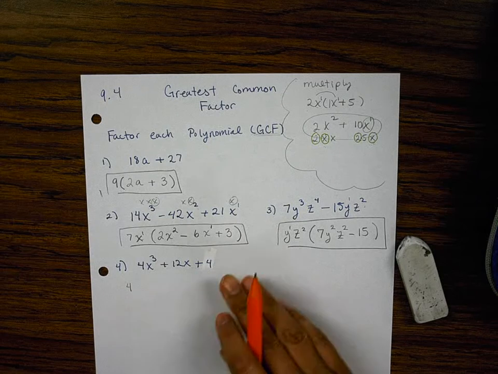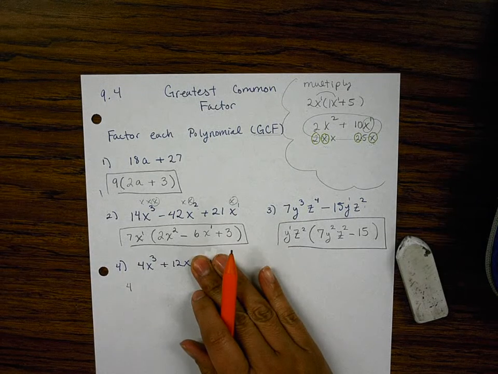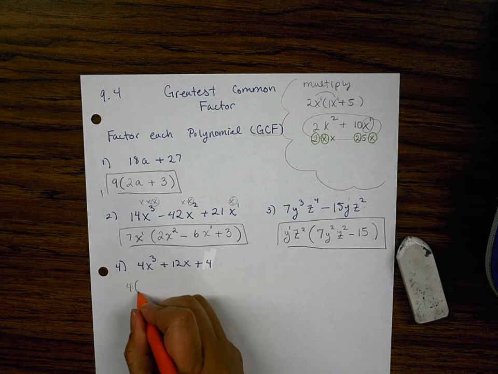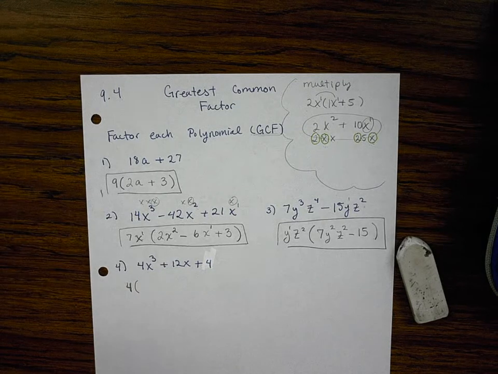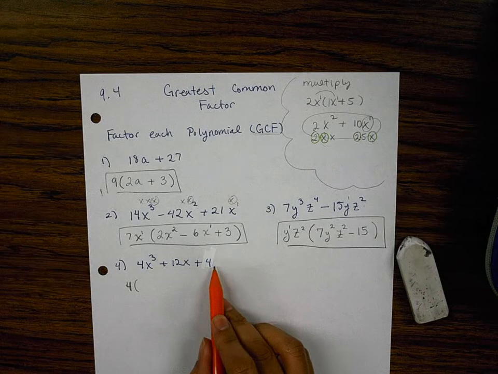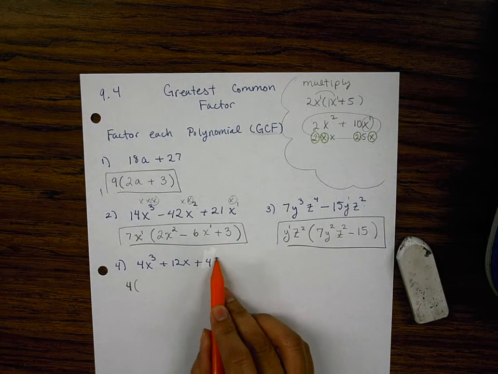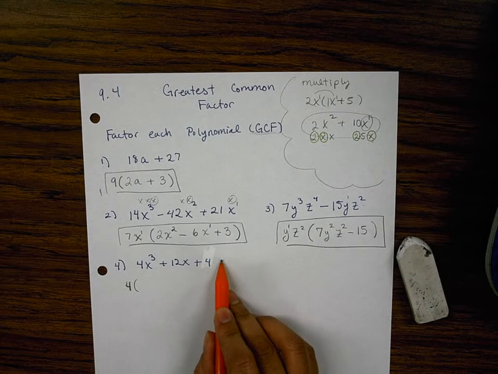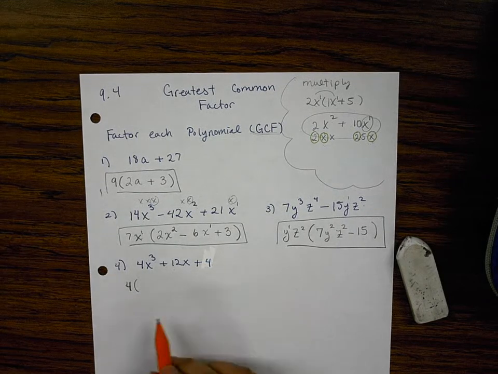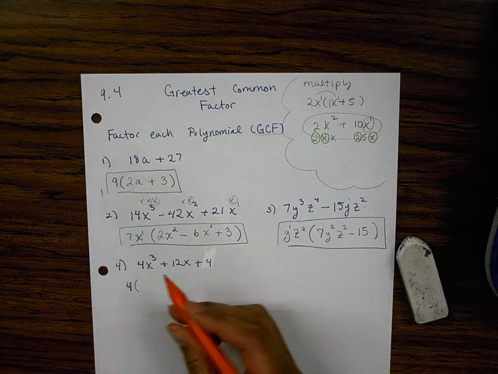If any one of them does not have a variable, you cannot take the variable out. If it was just there, there would be a common x. But since this has no x's, I cannot make x part of my GCF. It's just the 4. Again, why is it just the 4, not a 4x? Because this guy at the end has no variable. So I can't make x part of the GCF if it's not common on all 3 terms.